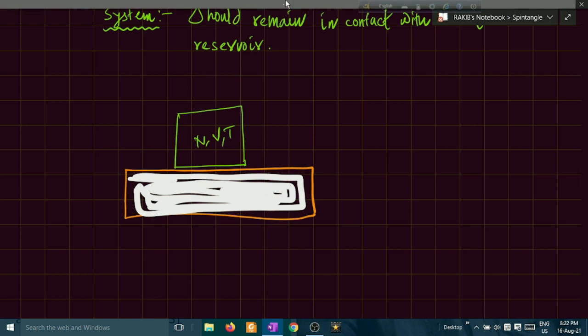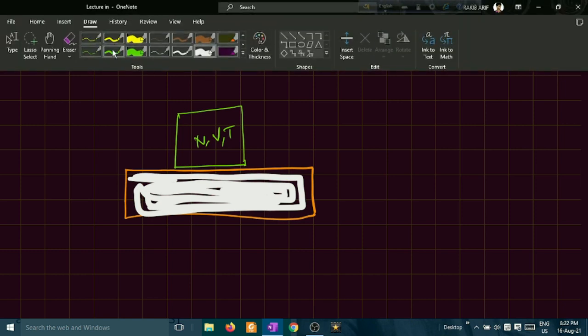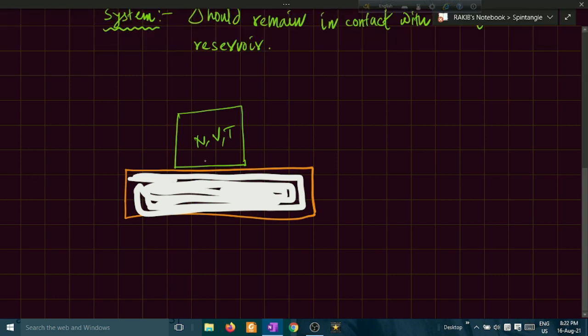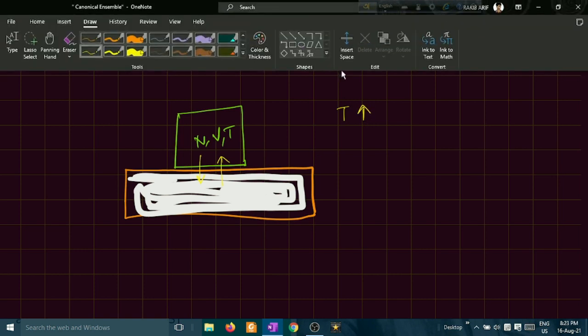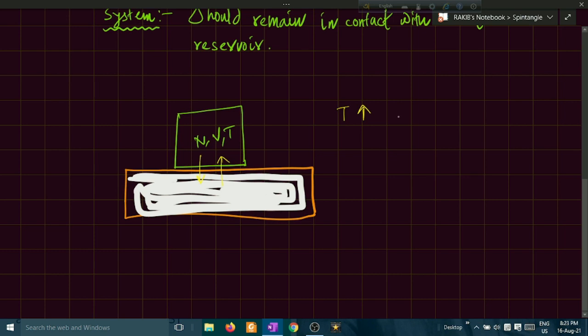You can easily check that the walls of this container are diathermic. That means it can give heat to the infinite heat bath, or it can take heat from the infinite heat bath. So if a sudden increase of temperature happens in the system, the system will automatically release some heat to cool it down.